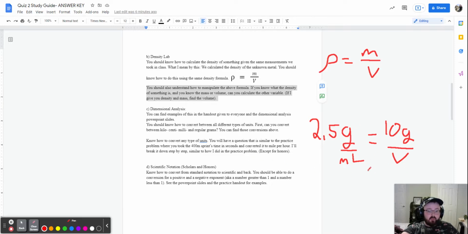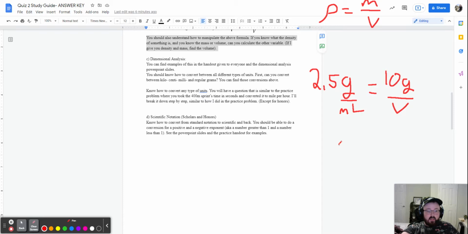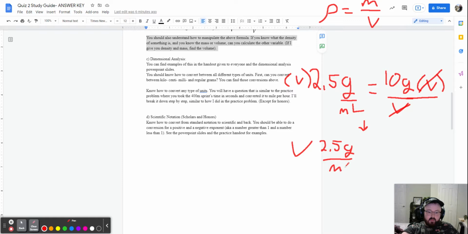I'm going to scroll it down a little bit. You multiply by the volume on each side, like so. This is kind of like the dimensional analysis that we've done. This cancels out, and we are now with the volume times 2.5 grams per milliliter equals 10 grams.